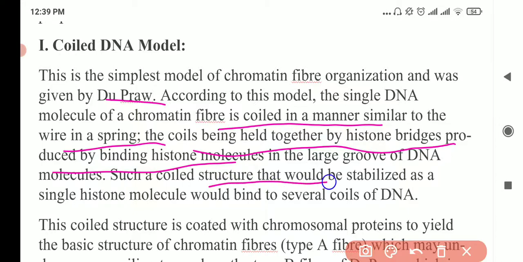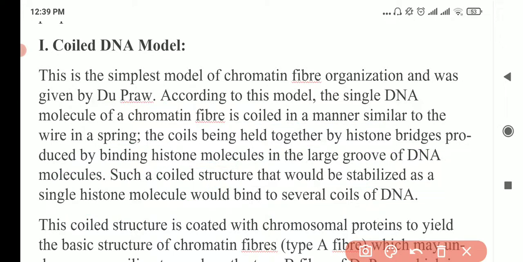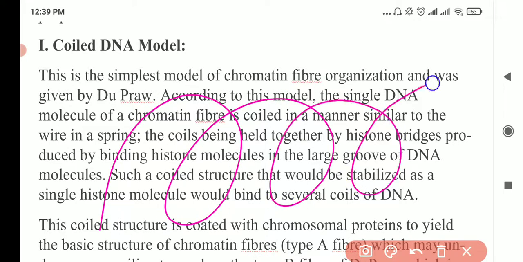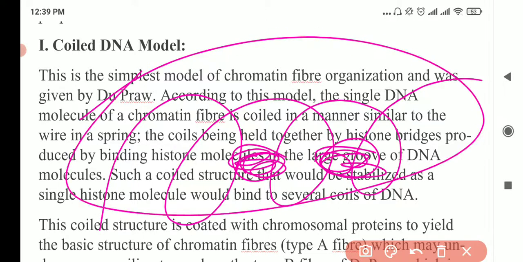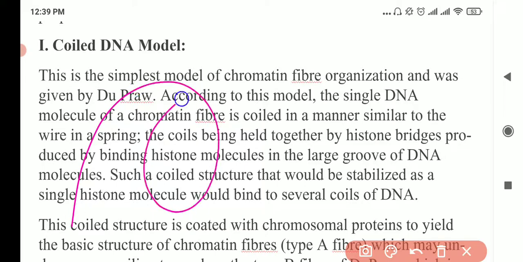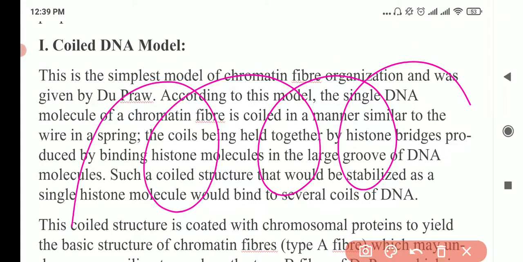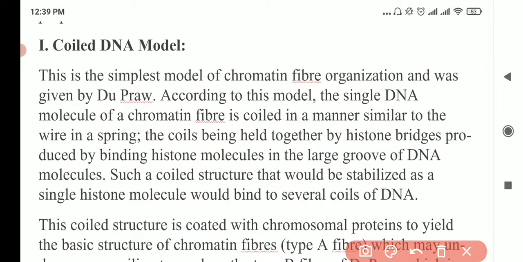Such a coil structure would be stabilized as a single histone molecule would bind to several coils of DNA. So it is just like coiling wire on a spring. These coils will be held together by histone, and this histone will act like a bridge. So this is a simple explanation. Remember: wire on a spring joined together by histone which acts as a bridge. Okay, so let's move on.